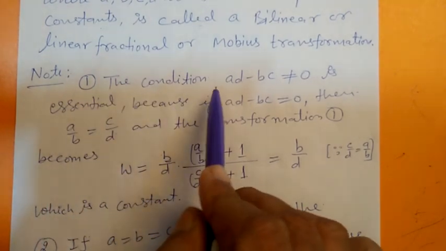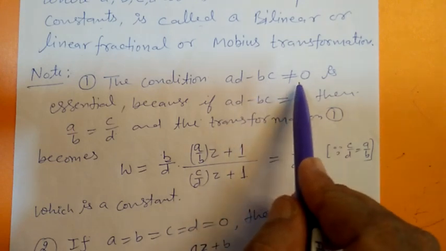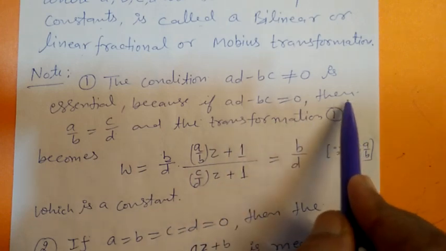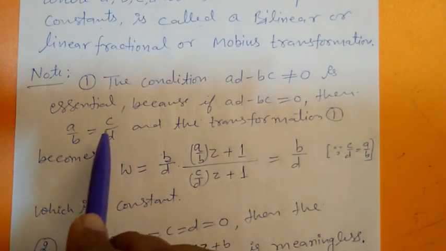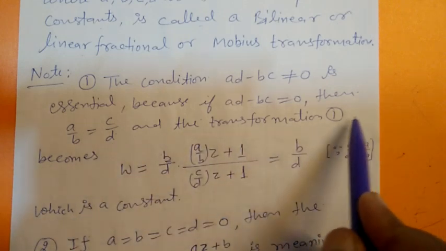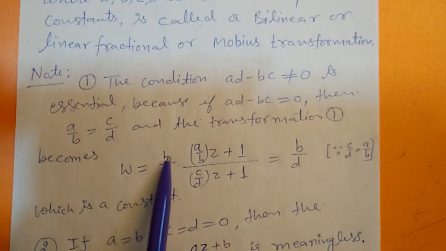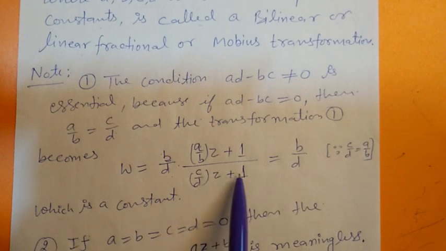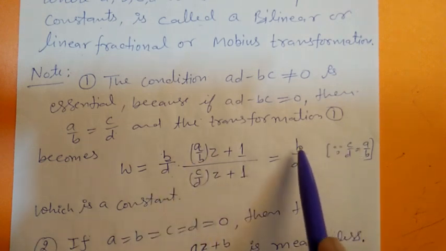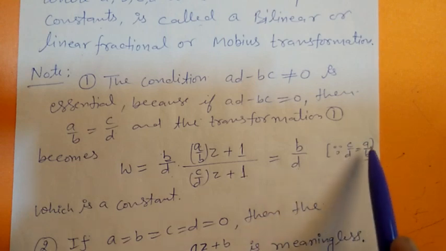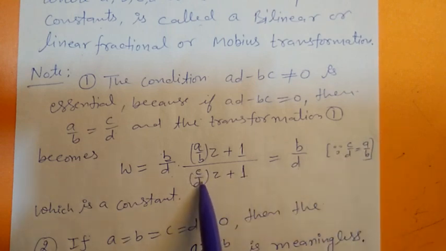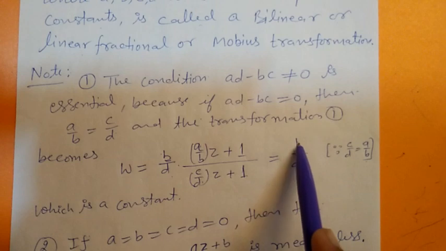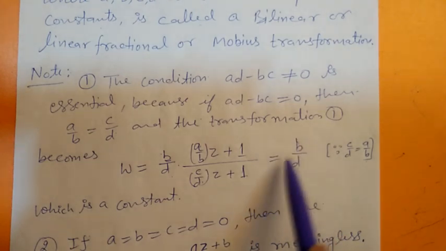First point, the condition ad - bc not equal to 0 is essential, because if ad - bc is equal to 0, then a/b is equal to c/d, and transformation 1 becomes w = (b/d)((a/b)z + 1)/((c/d)z + 1). After simplification, since c/d is equal to a/b, the numerator cancels the denominator, so this is b/d, which is a constant.